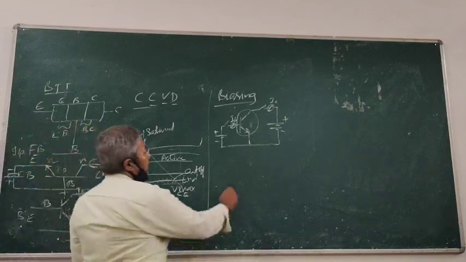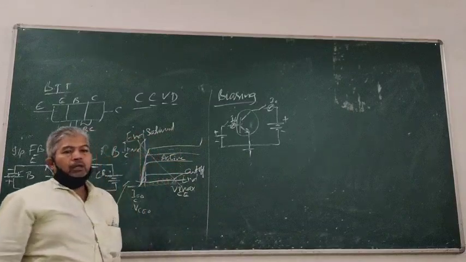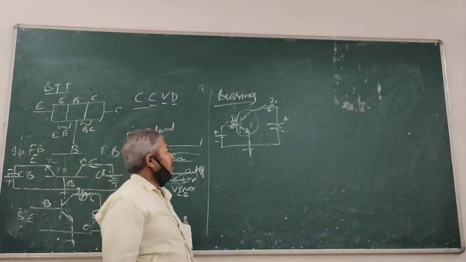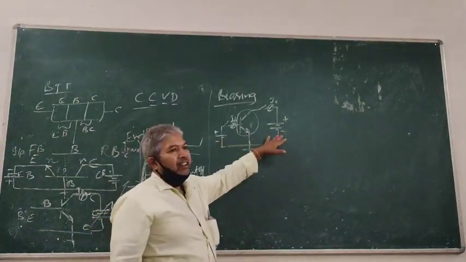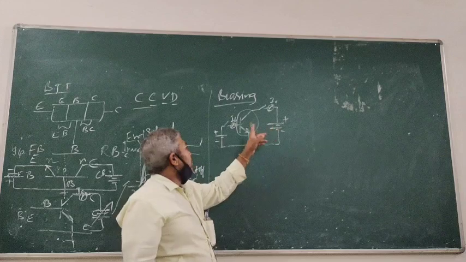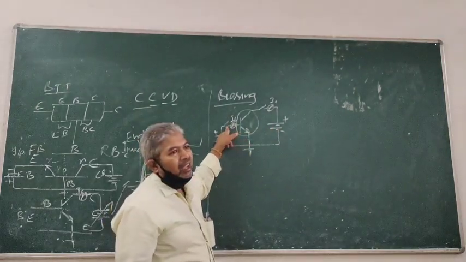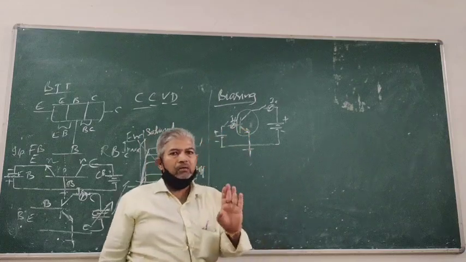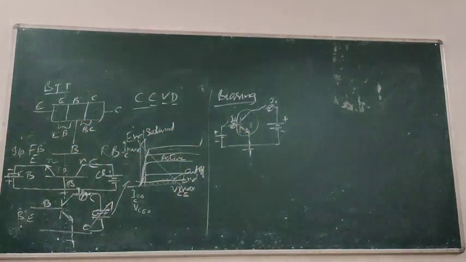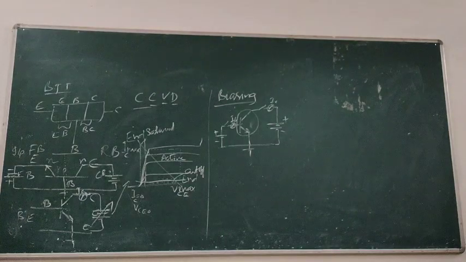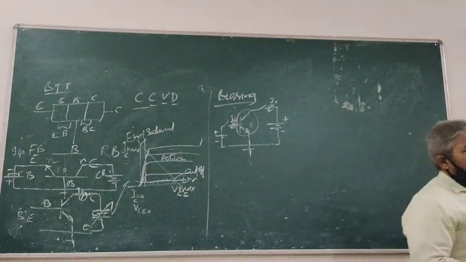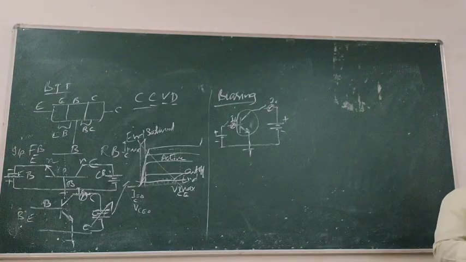But one thing you should not forget is the ground. Biasing means energizing. What is energizing? Suppose we give the voltage from either side, forward bias and reverse bias. Even if you are not connecting this key or switch on, then it is unbiased. Do you understand what bias and unbiased are? Bias means getting energized. Suppose you have food before coming to the class, so you are biased. Suppose you come without food, you are unbiased. Is that clear? Any doubt?